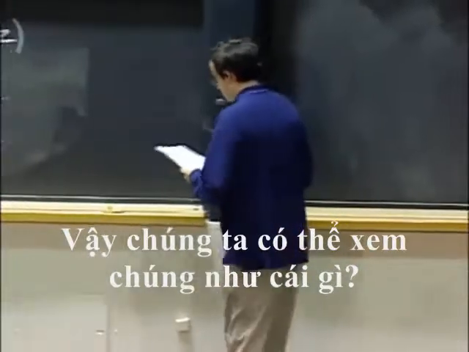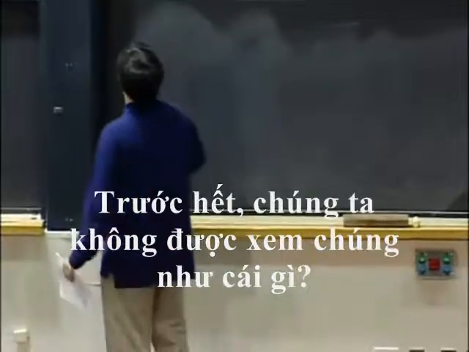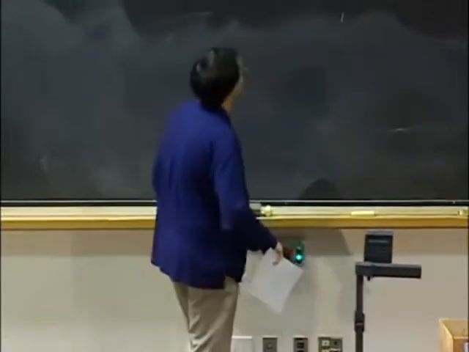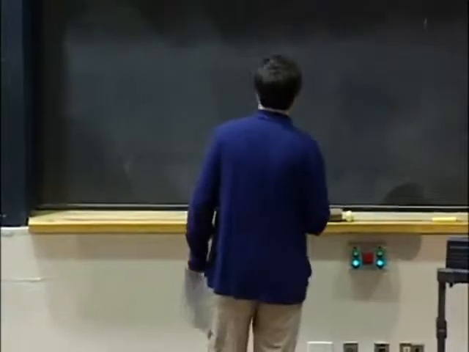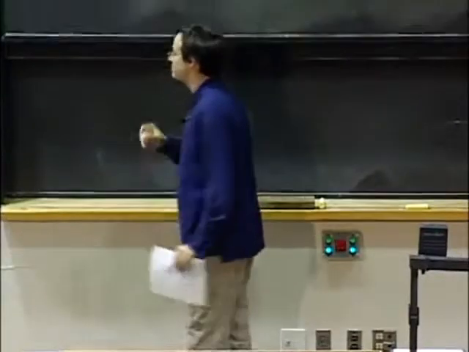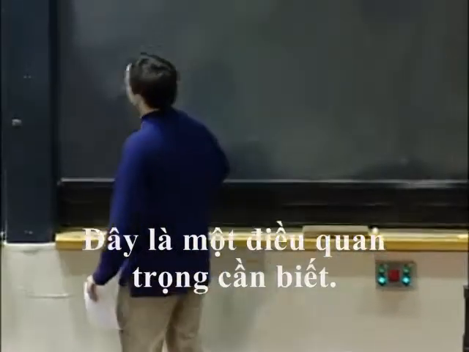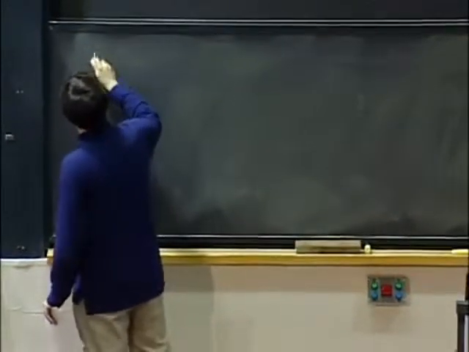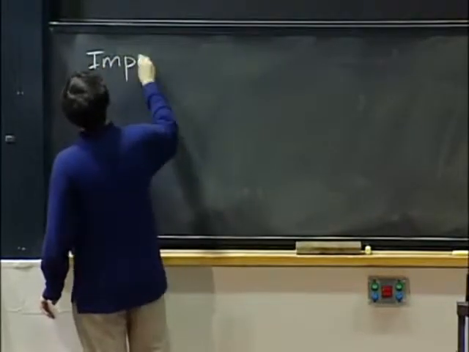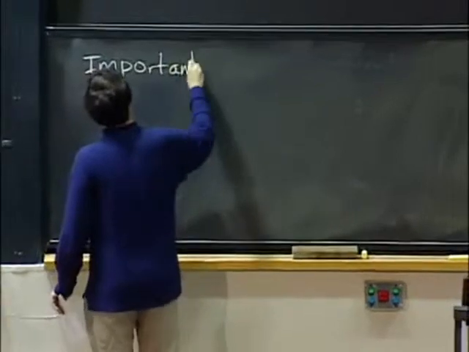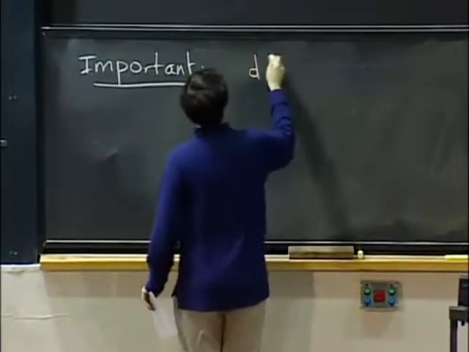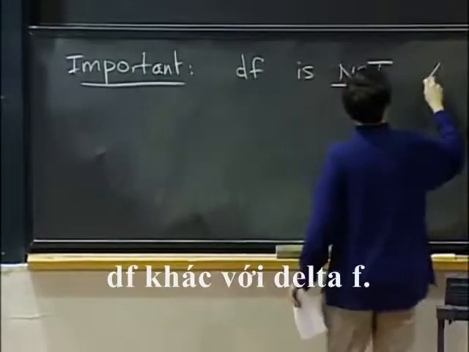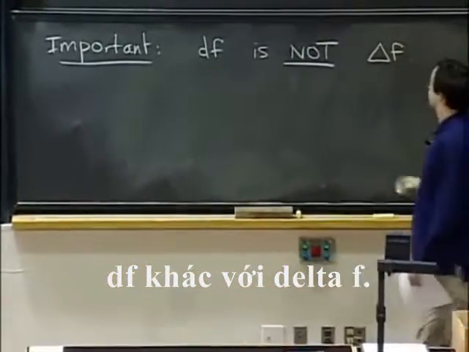So how do we think about them? First of all, how do we not think about them? Here's an important pitfall to avoid. Df is not the same thing as delta f.